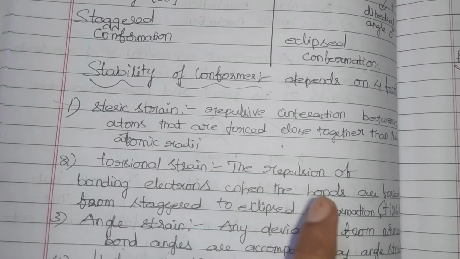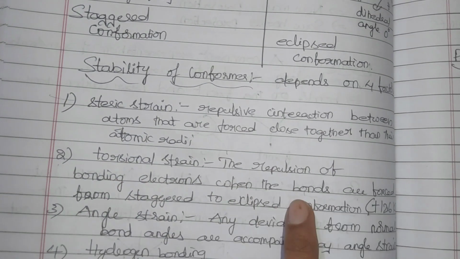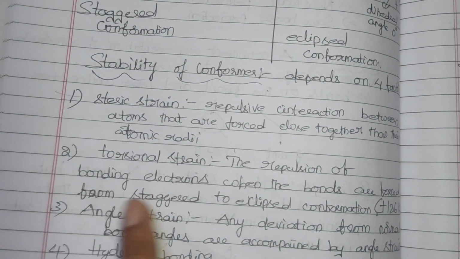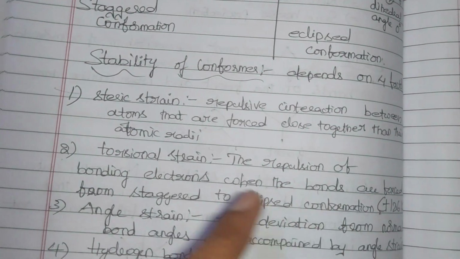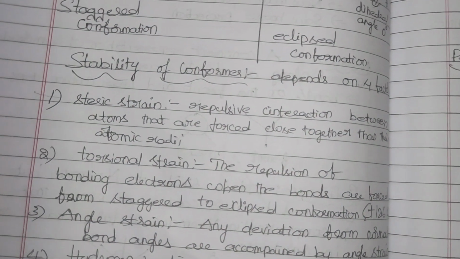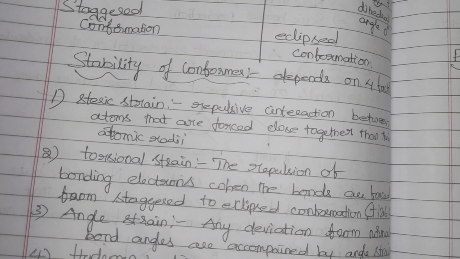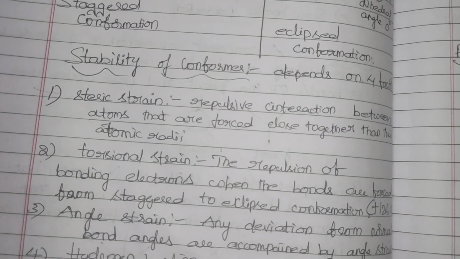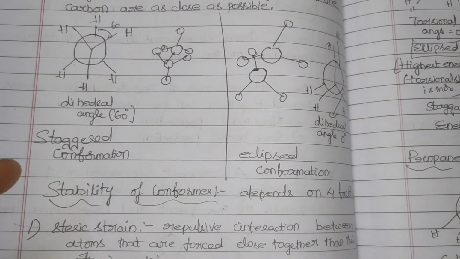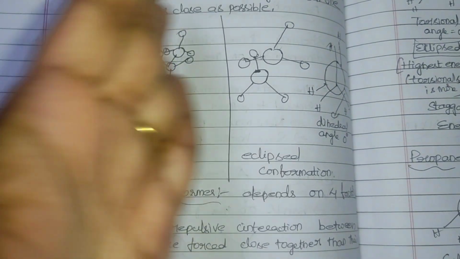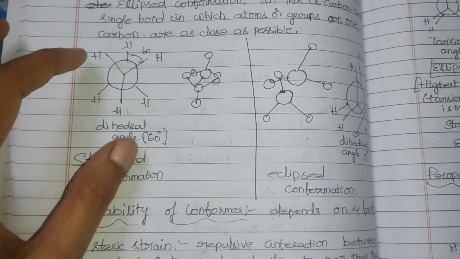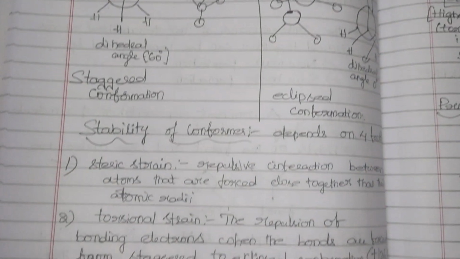Torsional strain is the repulsion of bonding electrons when the bonds are forced from staggered to eclipsed conformation, that is, from very far to near.